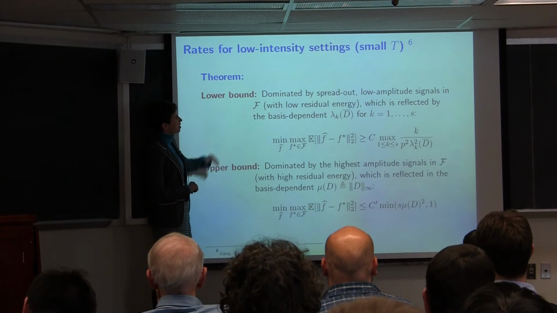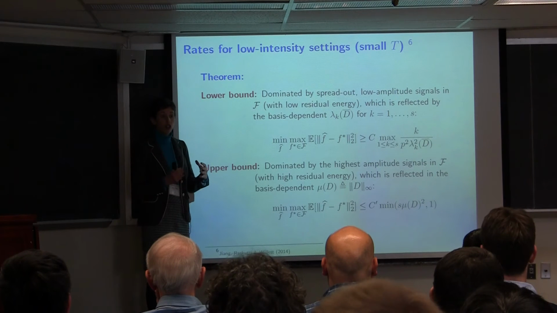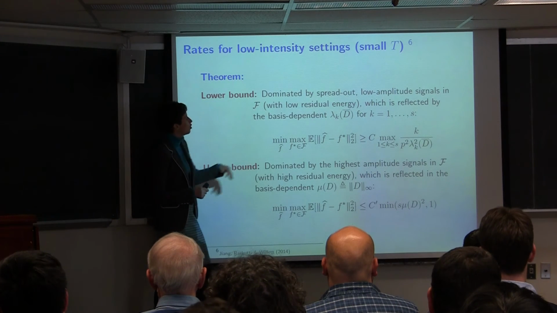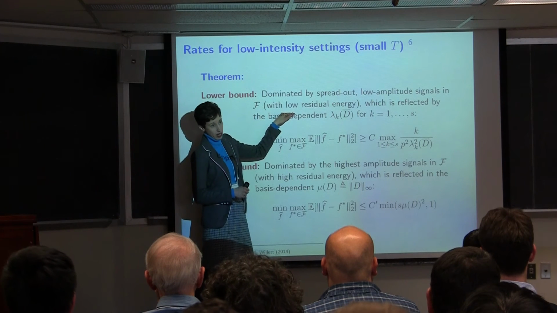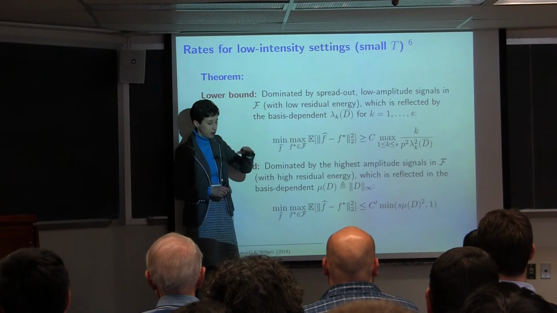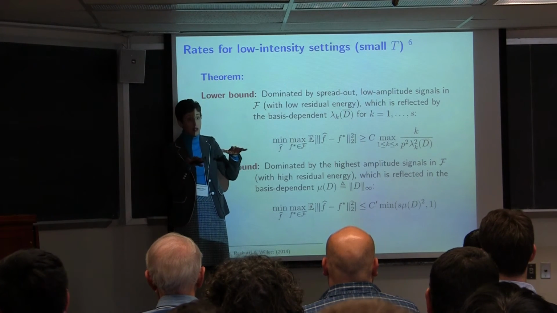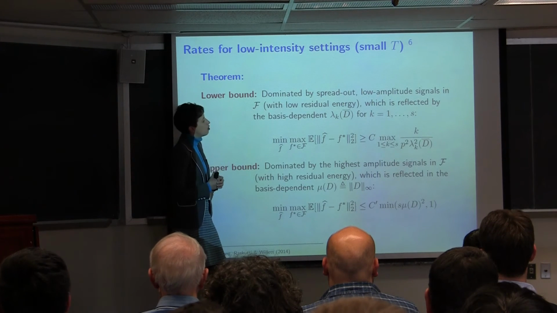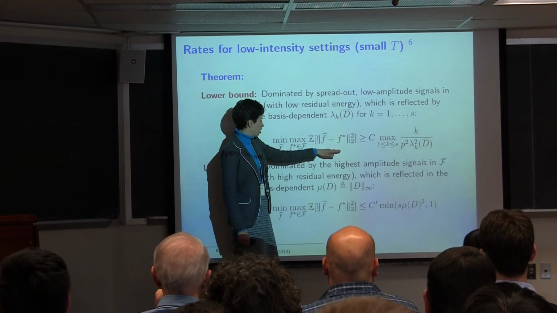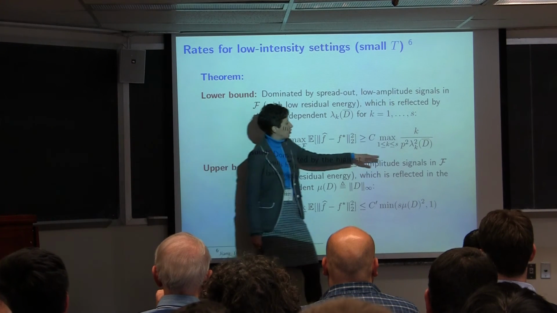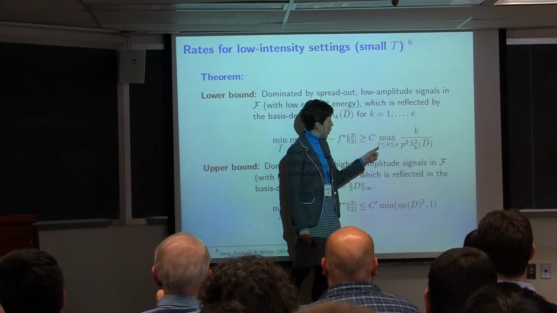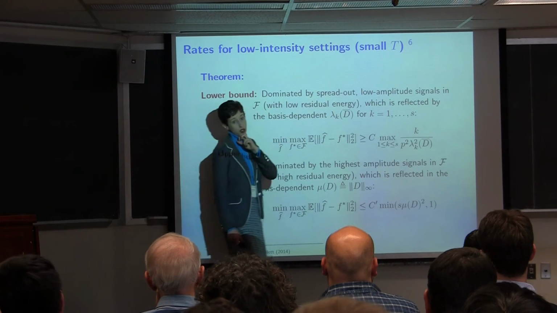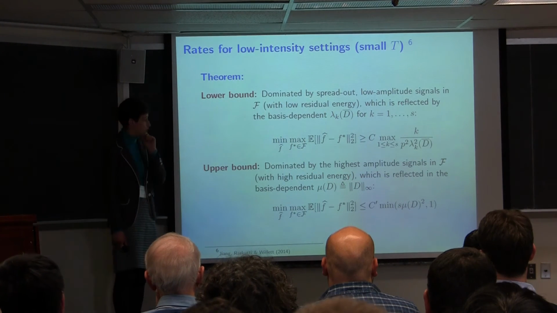So the minimax lower bound in these very low intensity regimes is dominated by signals with very low residual energies, where the signal is roughly as flat as it can be while still being a sparse signal. And so in that case, our minimax rate is lower bounded by the maximum over all k between 1 and s of k over p squared times this k-sparse localization constant.